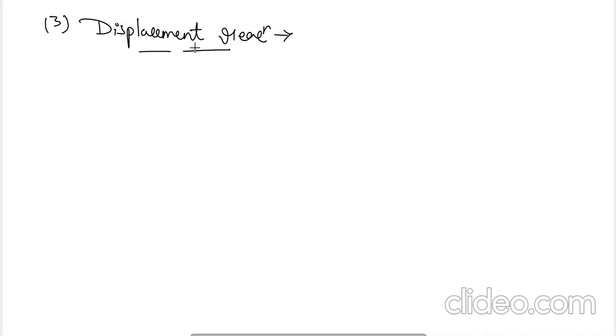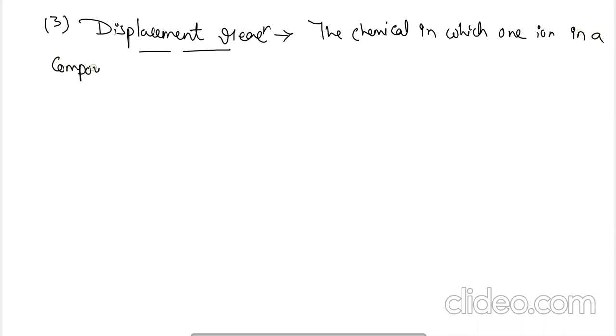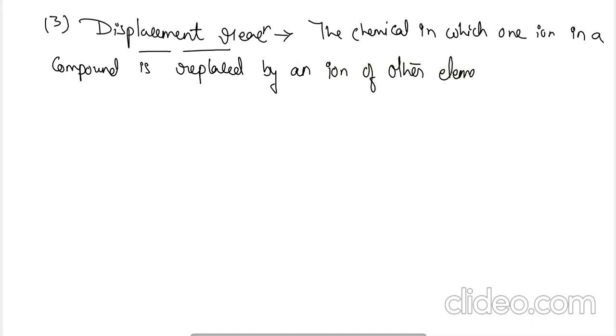Displacement reaction. The chemical reaction in which one ion in a compound is replaced by an ion of another element is called a displacement reaction.